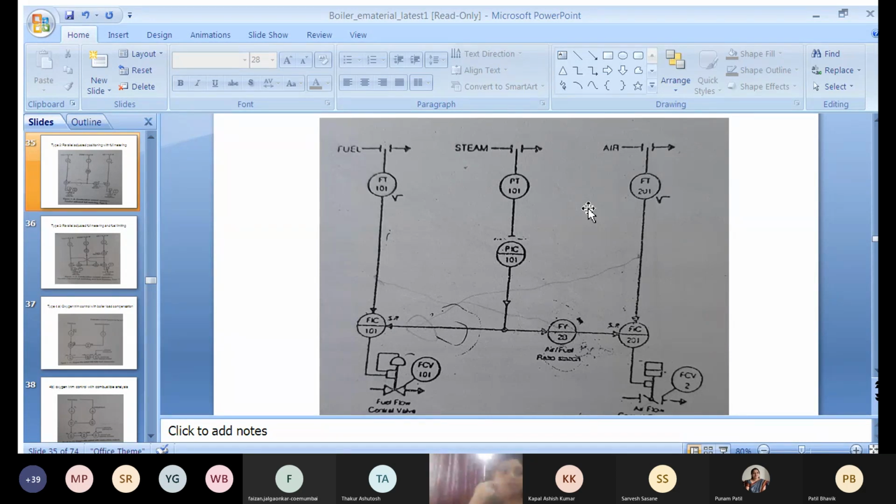Okay, that's why square root extractor is required in the flow measurement, so that the signal is linearized and that linearized signal is passed to the controller. This is just like your signal conditioning circuit, वैसा circuit रहता है square root extractor का, to linearize the measurement.